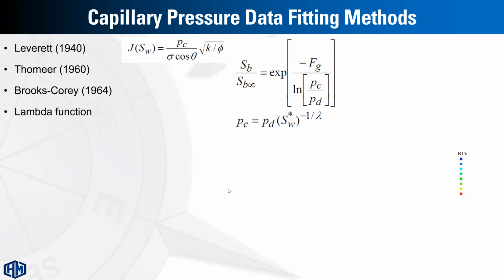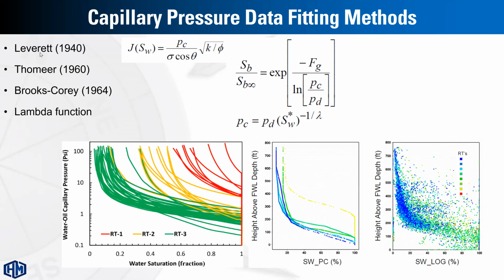Now we will highlight very quickly the capillary pressure data fitting, one of the widely used techniques like Leverett J function, Thomeer function, Brooks and Corey lambda functions. As you can see, all of them are functions of capillary pressure and other data like porosity, permeability, the widely used Leverett J function, the interfacial tension, contact angle.